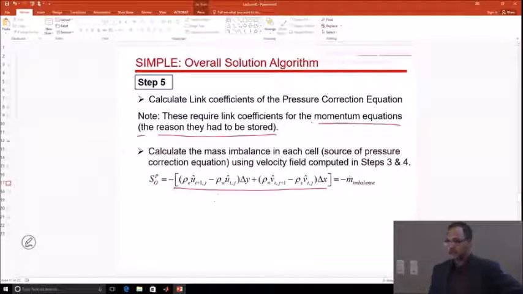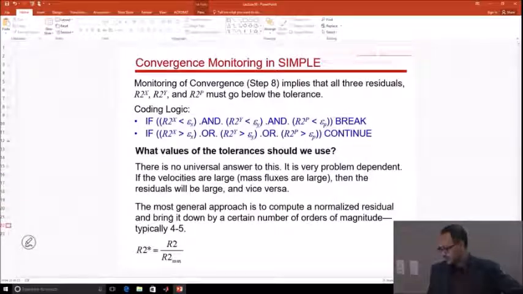Right after we calculate the mass imbalance, we calculate the L2 norm of that. So those are the 3 steps that we are talking about here.